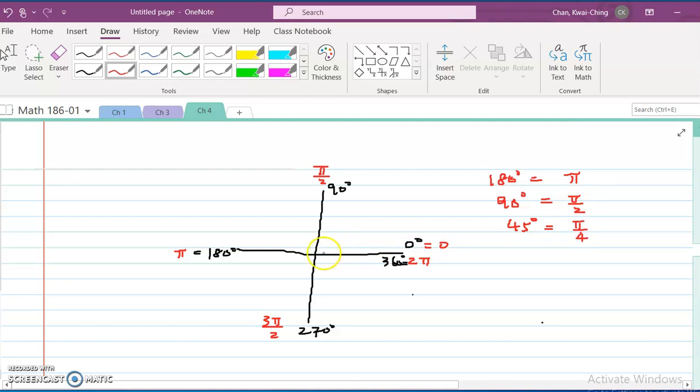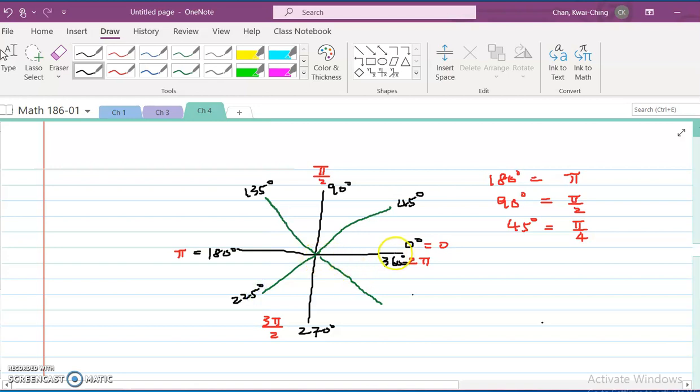So this 4 goes in the middle of these. This used to be 45 degrees, and this used to be 90 plus 45, which is 135 degrees. And this will be 180 plus 45, which is 225 degrees.